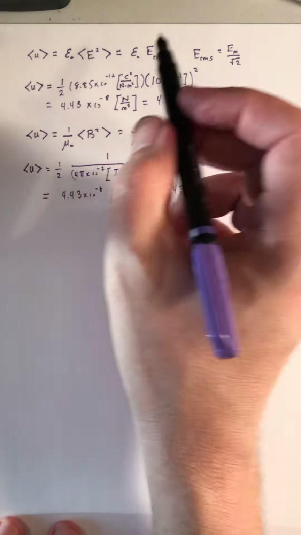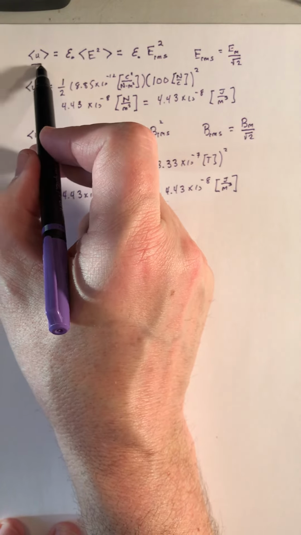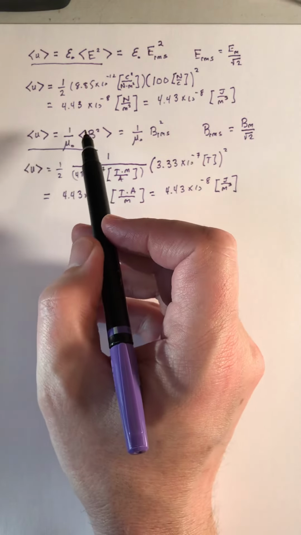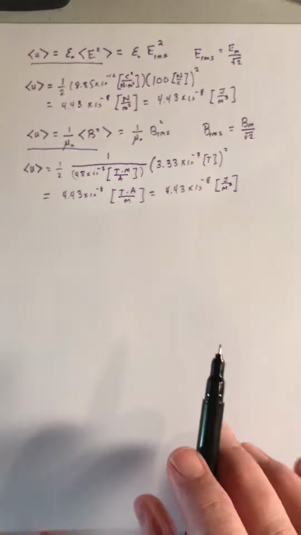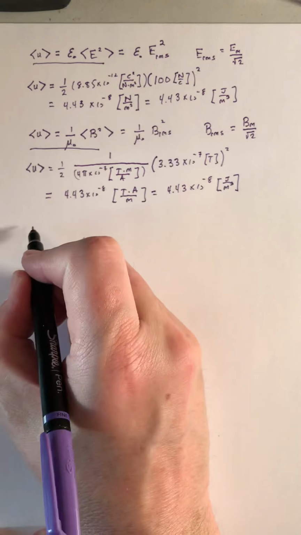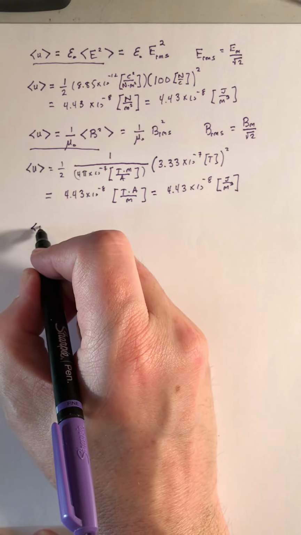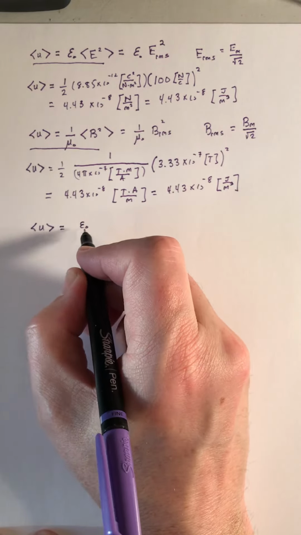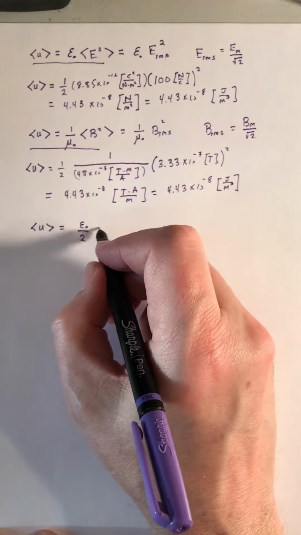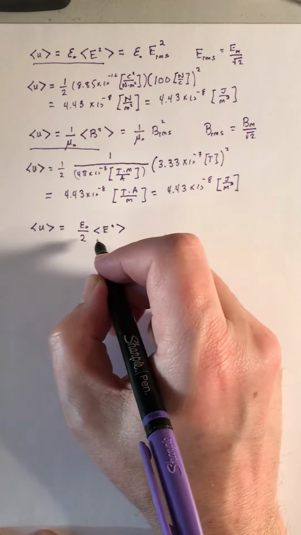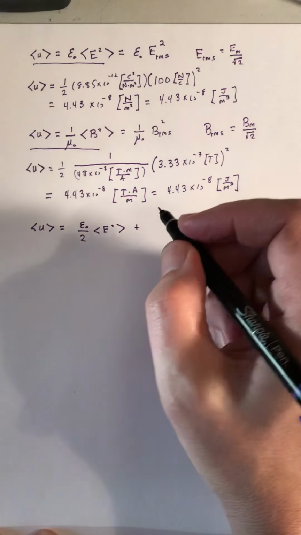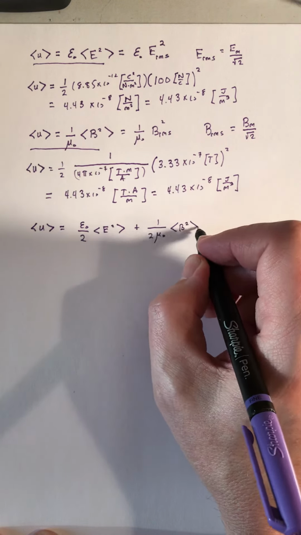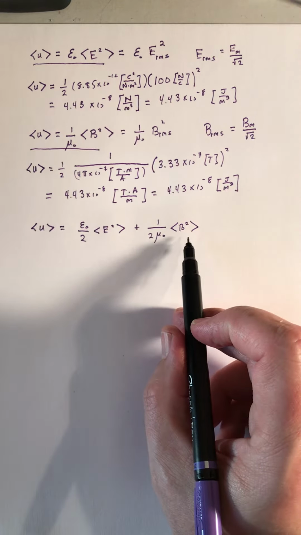Now these relationships, like the average energy density in terms of the electric field, or the average energy density in terms of the magnetic field, I'm not pulling these out of thin air. These are coming from manipulations of the more fundamental relationship that the energy density in an electromagnetic wave is carried half by the electric field and the other half by the magnetic field.